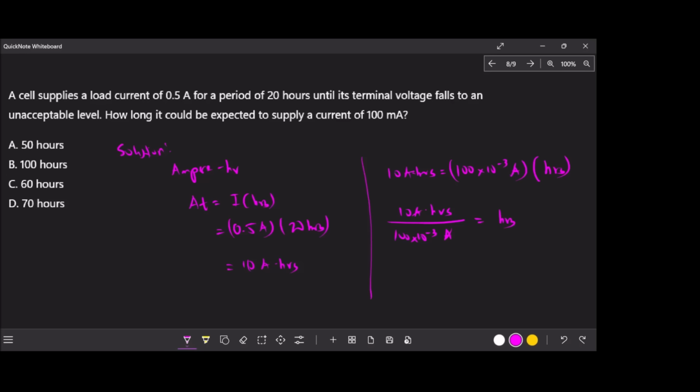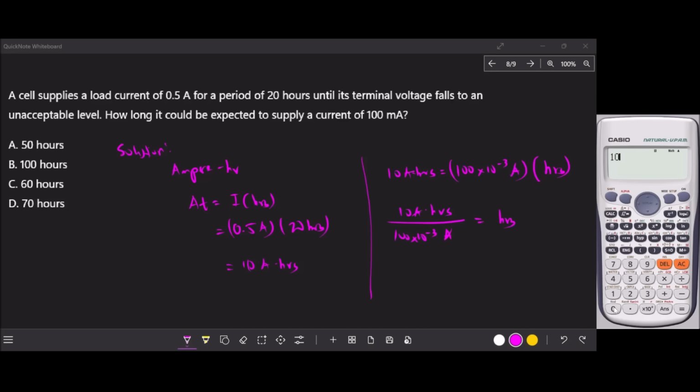So we have 10 divided by 100 times 10 to the power of negative 3. Wait a moment.